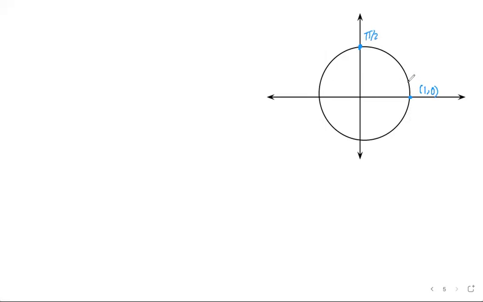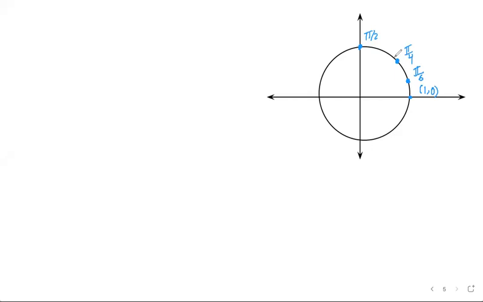If I move up to here, this distance is pi over 6. And if I keep continuing, there is another distance here, pi over 4.